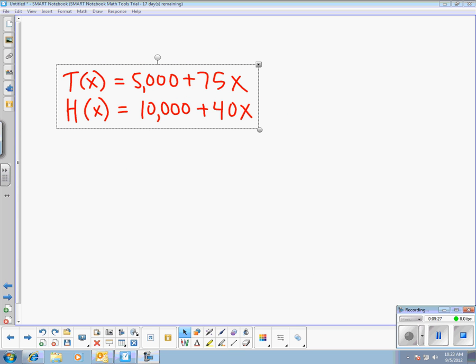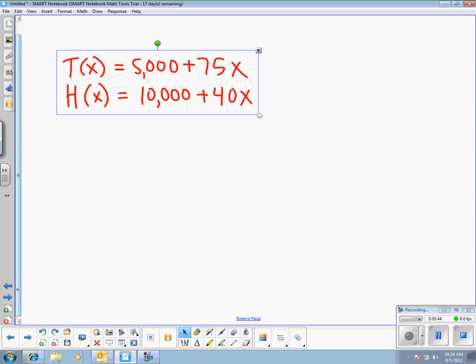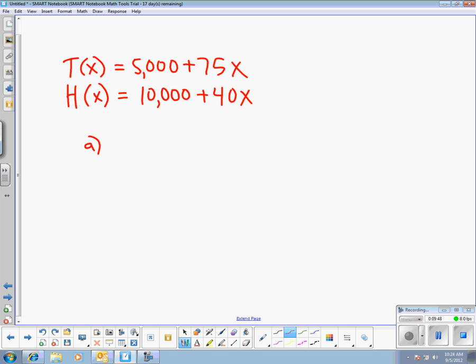Okay, so word problems in this section will go something like this. I'll just give you a few quick examples. These are our functions for the cost to drive the truck and the cost to drive the hybrid. And since we're talking about systems of equations, the solution to a system of equations is where these two cross. It's going to cost you more up front to own the hybrid because it costs $5,000 up front.